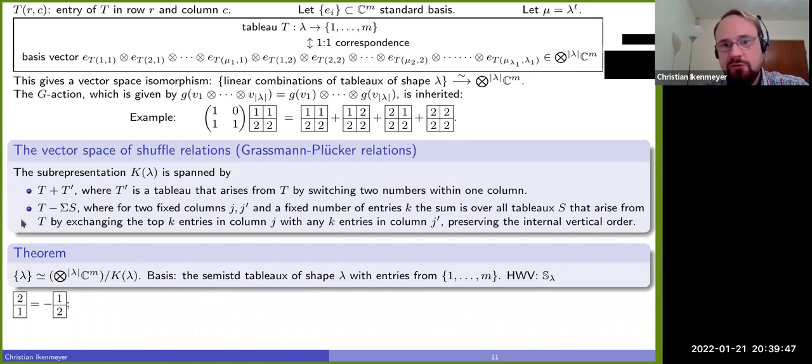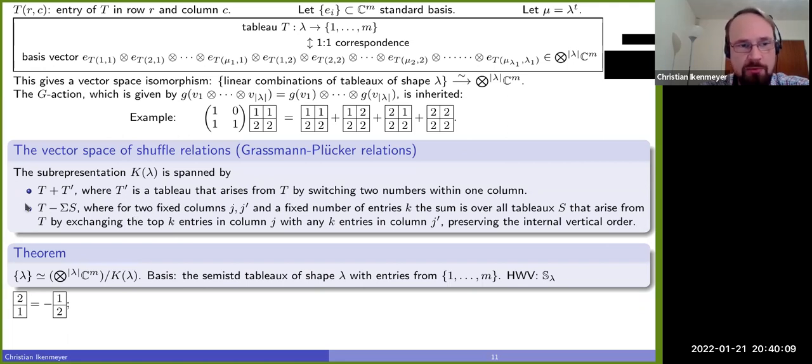There are several papers explaining what types of shuffle relations you can take. So that's a vector space K of lambda, and it should be spanned by T plus T prime, where T prime is the tableau that arises from T by switching 2 numbers within 1 column. And a more complicated one that I'm not going to read right now.